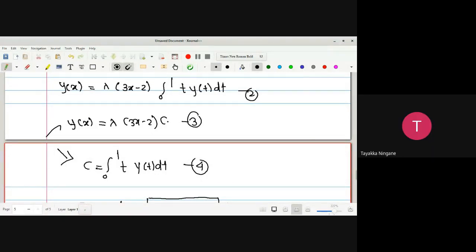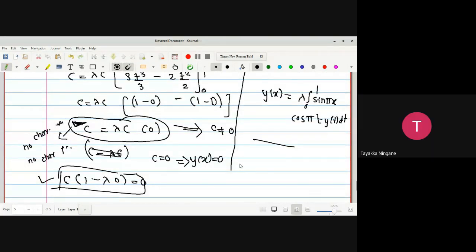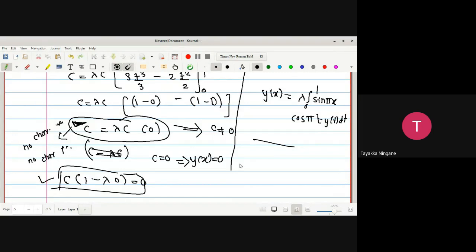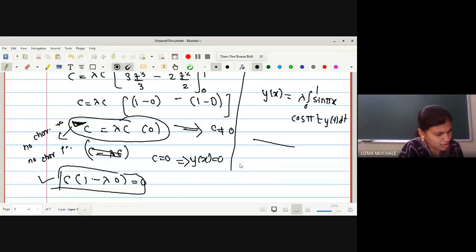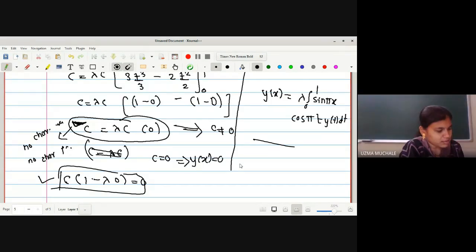Hello, ma'am. C is equal to minus 1 by 2. Minus 1 by 2 into C lambda upon pi. Hello, ma'am. There is no characteristic value allowed. Right.